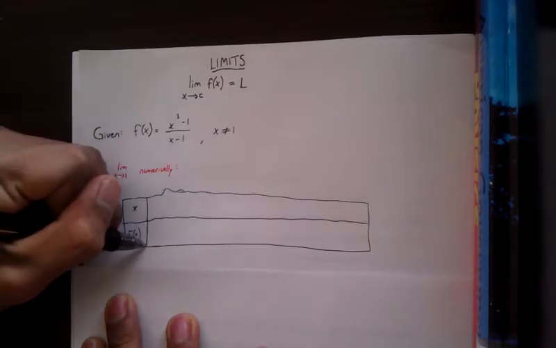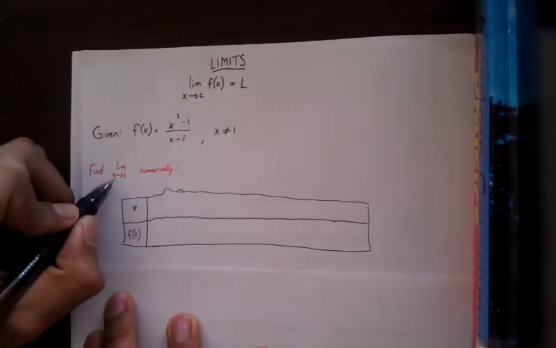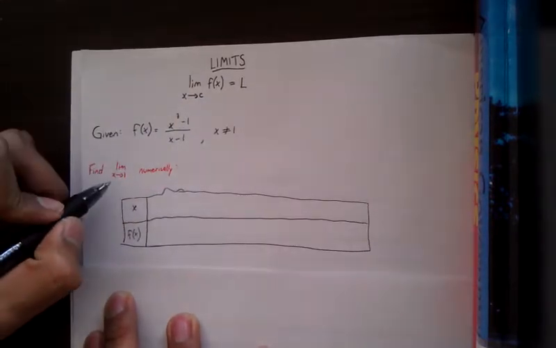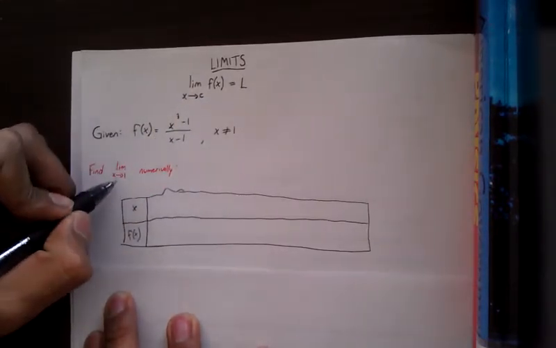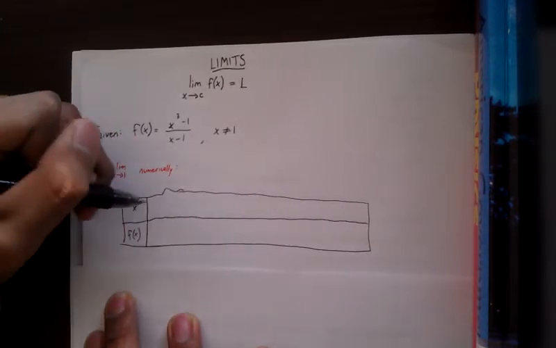your y values. Since the limit is what the function approaches at that x value, you're just going to plug in numbers that are close to 1 from both sides.